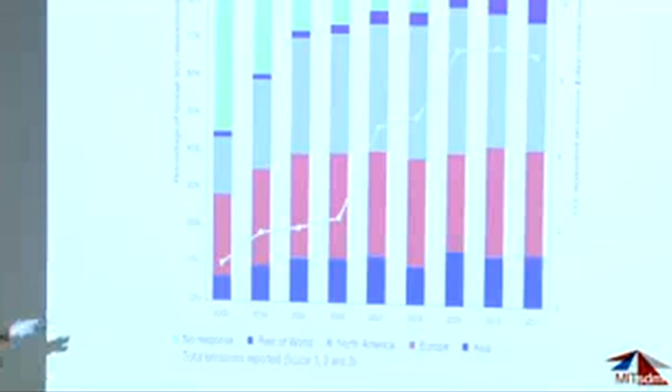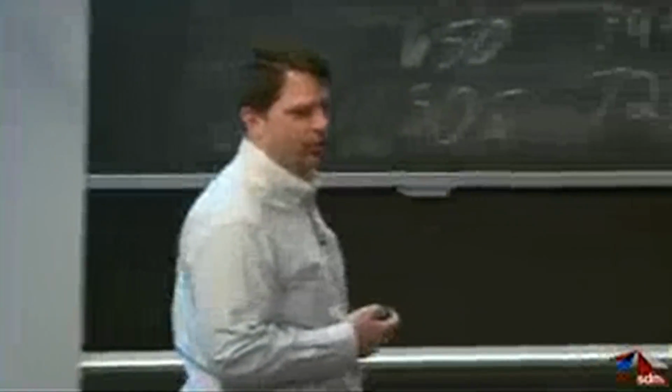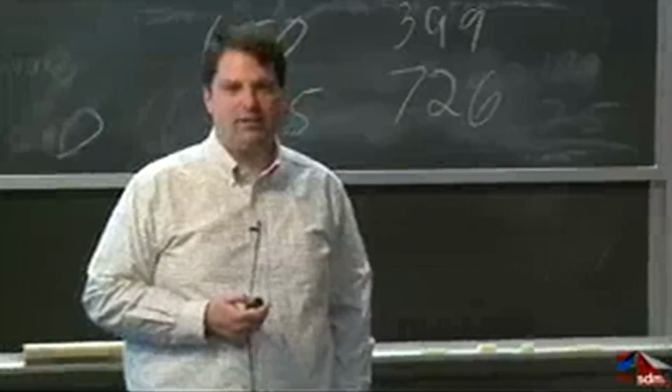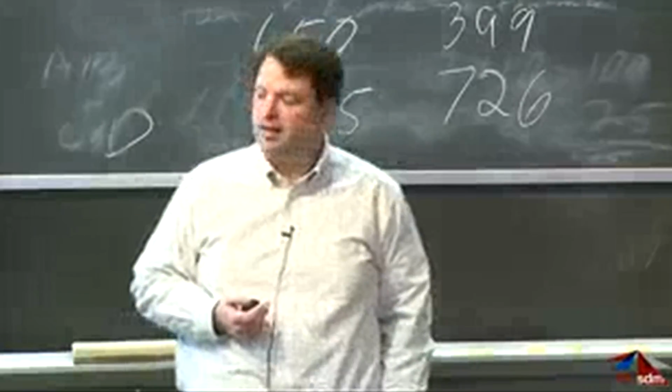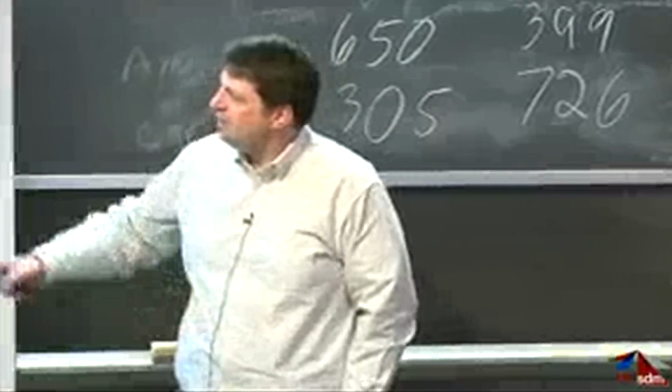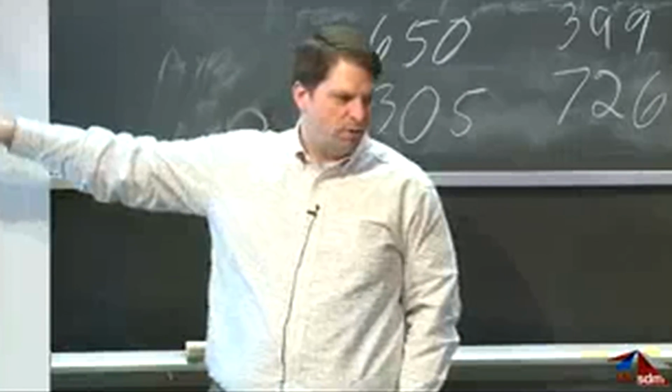A lot of them are not yet penalizing you if you don't, but they're starting to ask, and enough people are asking that most companies are starting to respond. The average end consumer, I do not think, is paying much attention to whether a company has reported its carbon footprint or not. And even companies that don't respond may be disclosing this information on their websites.